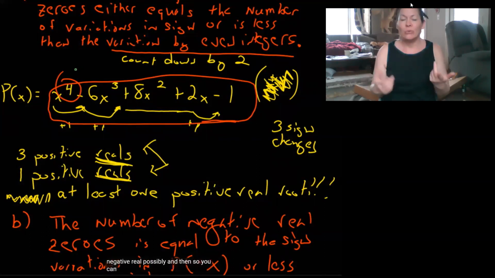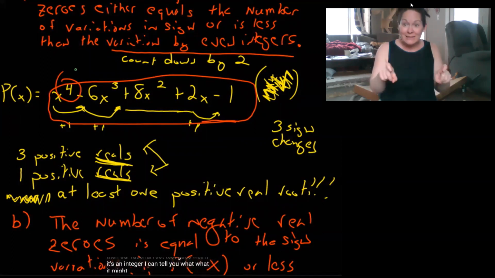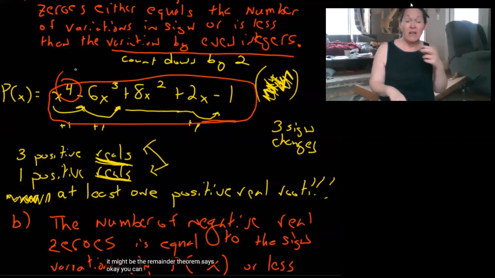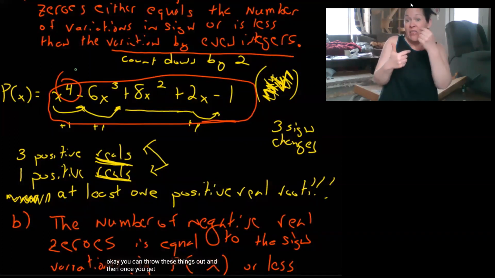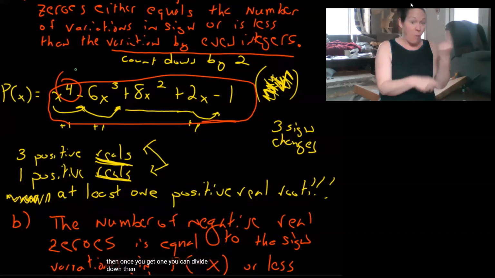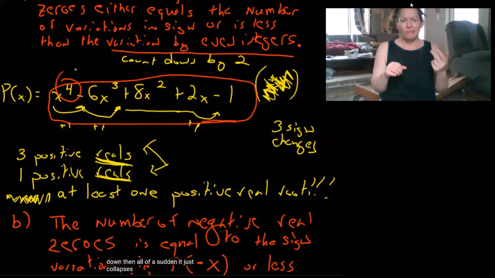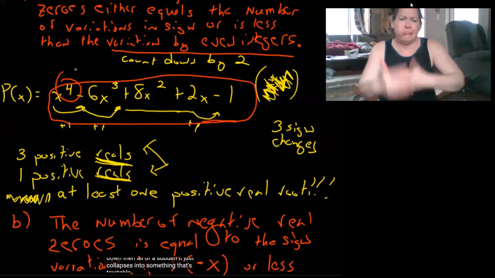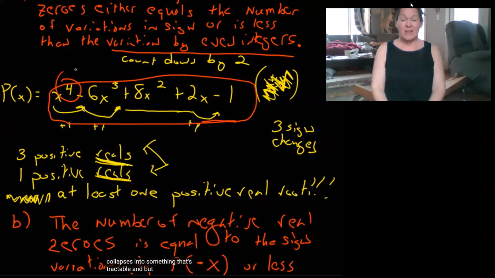And so you can start throwing some things out. And then the rational root test goes, well, if it's an integer, I can tell you what it might be. And the remainder theorem says, okay, you can throw these things out. And then once you get one, you can divide down, and all of a sudden, it just collapses into something that's tractable. But that takes the practice, and we have to practice through the different sections to make sure that we get that.